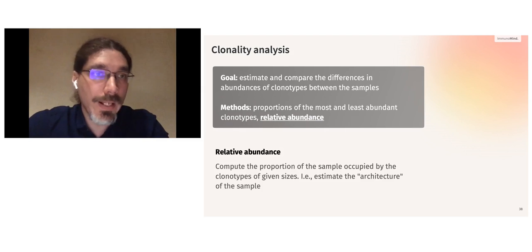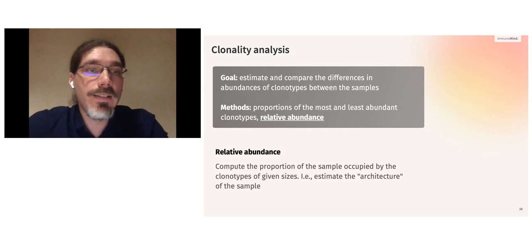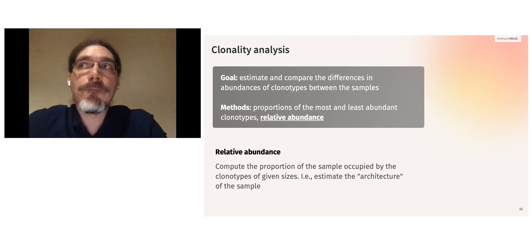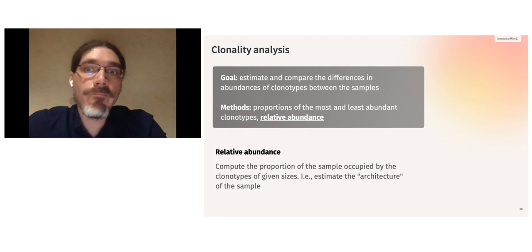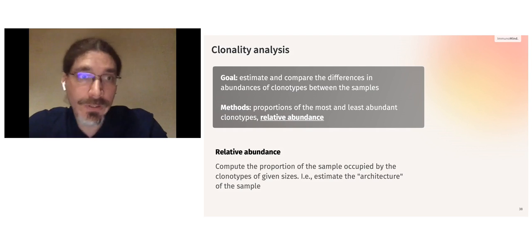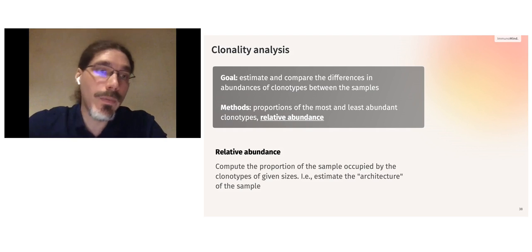The last method in the clonality analysis is what's called relative abundance. It lies in between the previous two. It's the most complicated, but the most powerful one.